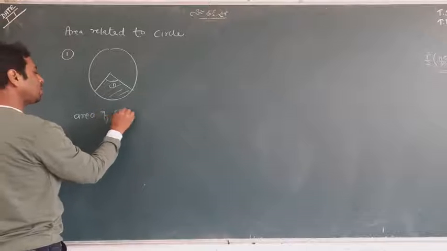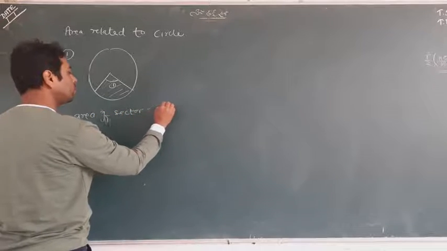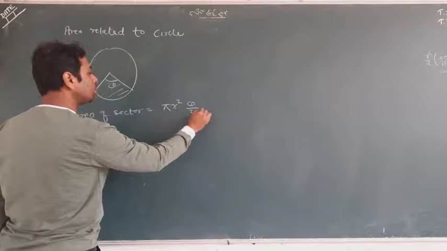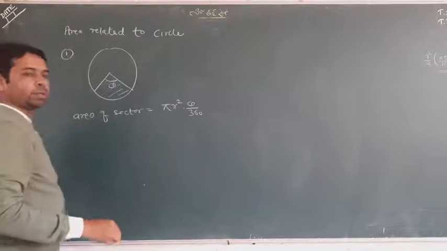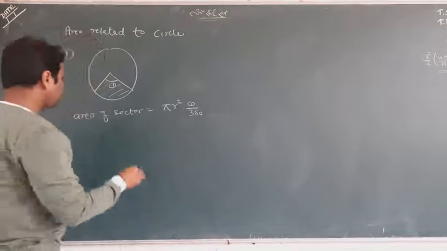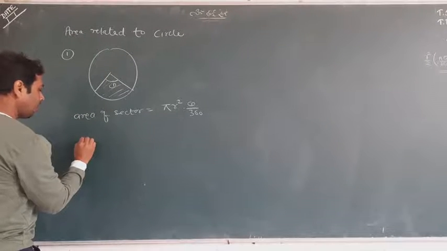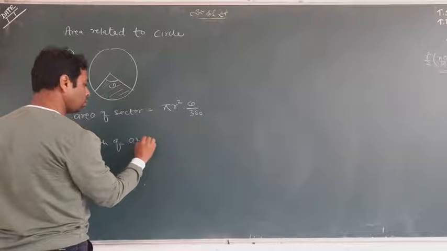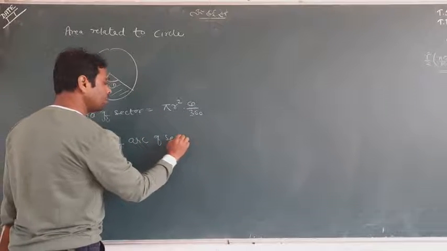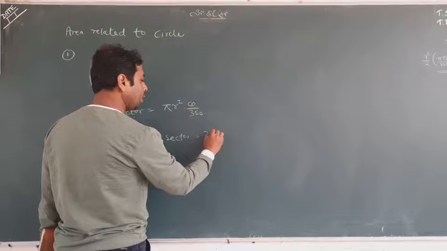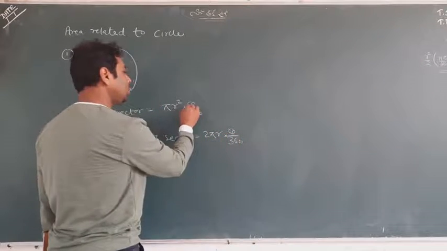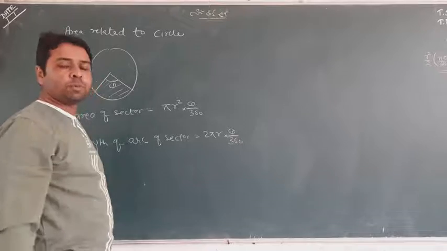In area of sector we found pi r square theta upon 360. This formula we already have known, and length of arc of sector is 2 pi r theta upon 360. These two formulas we already know.